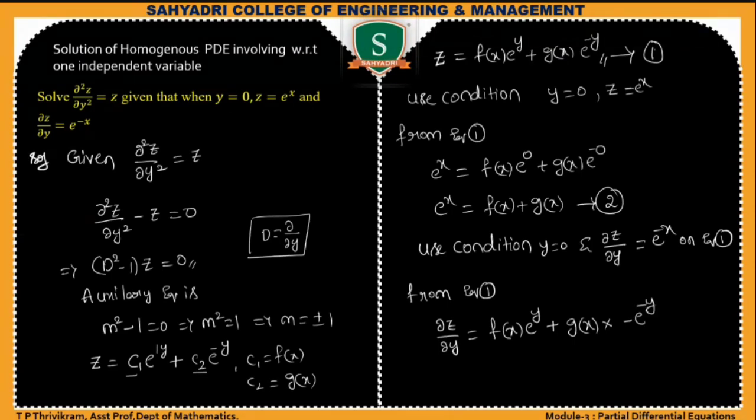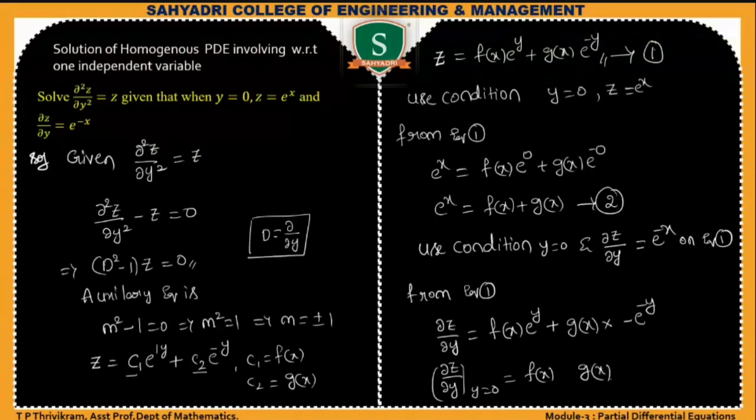Now apply y equal to 0 in this. So dou z by dou y at y equal to 0 is f of x minus g of x.